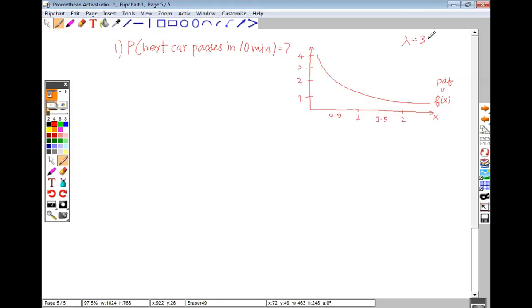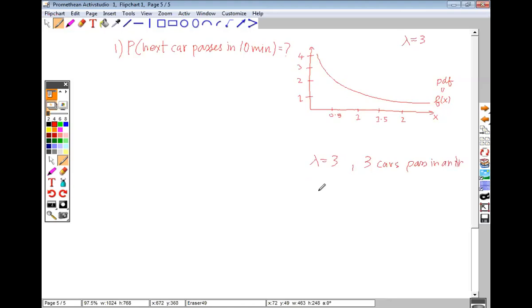So now if I have to convert it to the exponential, what will be my average here? If I'm saying that my lambda is 3, it means that 3 cars pass in an hour.